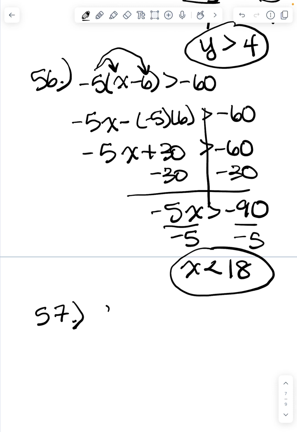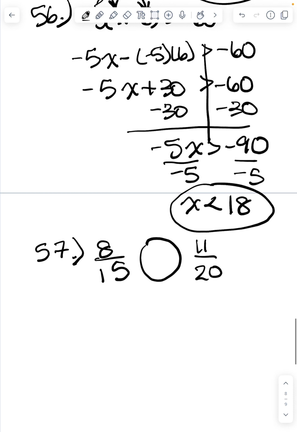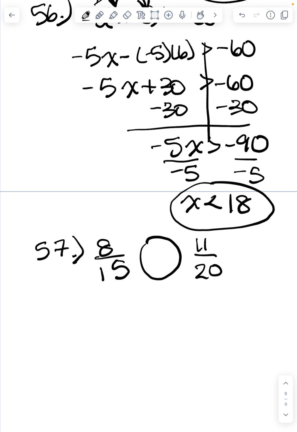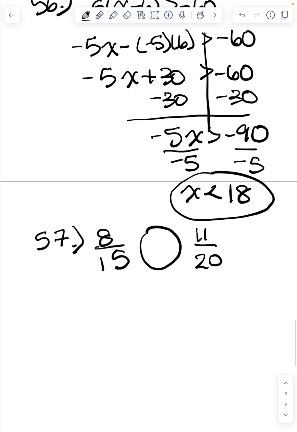57. Compare 8/15 to 11/20. We need like terms in order to be able to compare. I'm sorry, we need like denominators in order to compare. So the denominator that we're going to go for is 60. If you find the least common denominator, you'll find that it's 60.